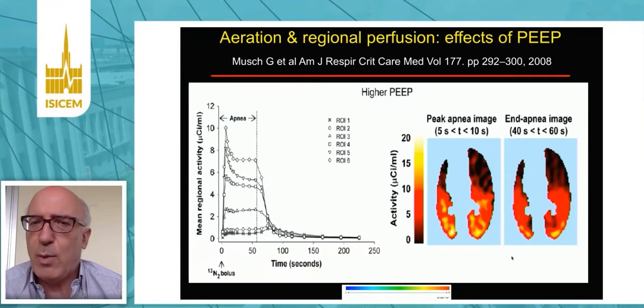This is even more evident when we increase the PEEP level, with an increase in perfusion in the dependent part of the lung. This might explain why higher PEEP levels sometimes may not be associated with an increase in oxygenation, due to the fact that higher perfusion is diverted towards the most dependent part of the lung. Only if recruitment occurs is this associated with improvement in oxygenation.